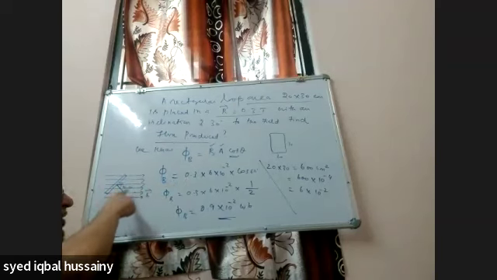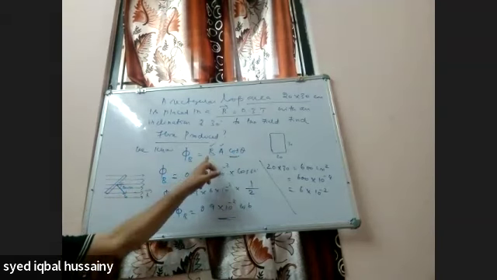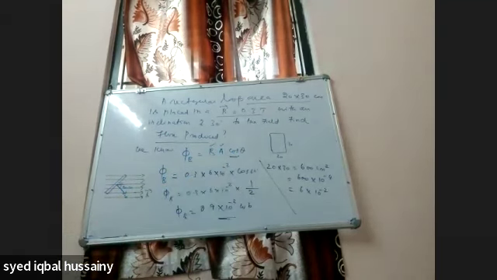What angle does the area vector make with the magnetic field? That only you have to take. So that concept we learn from this numerical, because cos theta depends upon B and A. Remember it. Done, children? Done, done, say quickly. Yes sir, done.